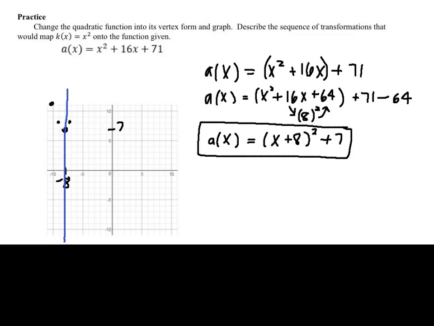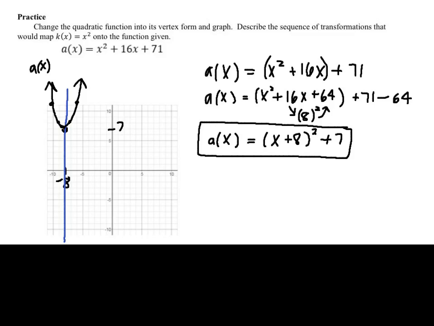So another point that exists would be negative 10, comma, 11, as well as negative 6, comma, 11. You could also make a table of values to figure out these points as well. And once you have your points, you can graph your parabola. And this is essentially what this quadratic function a of x would look like when graphed.